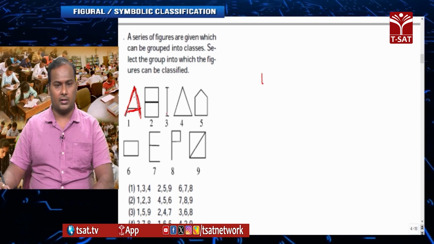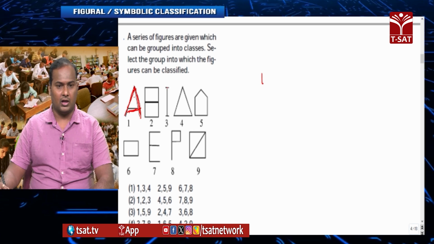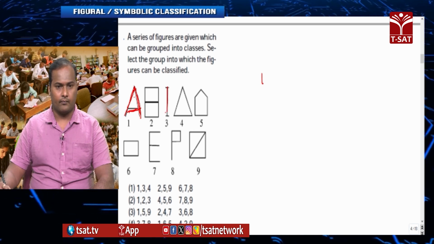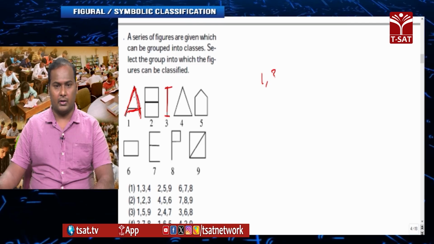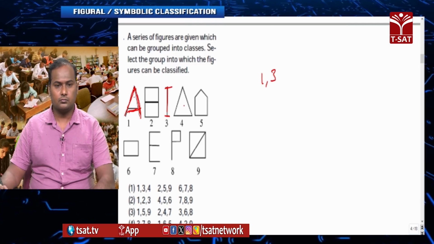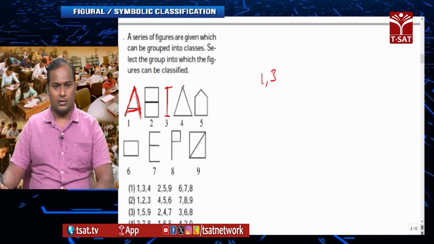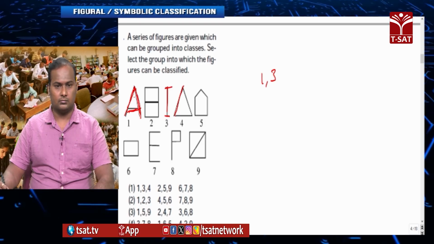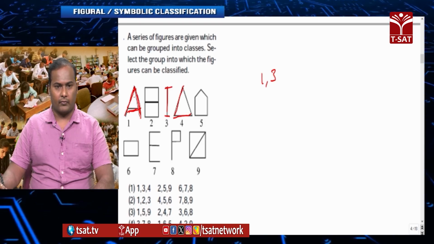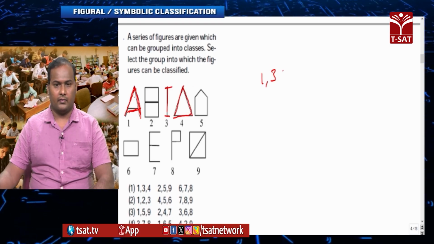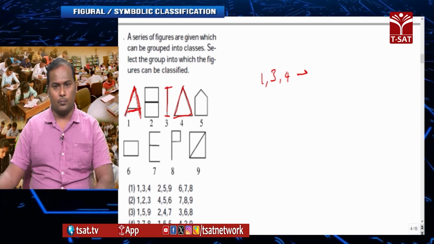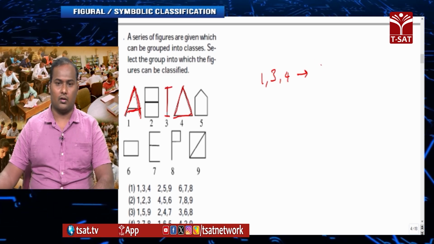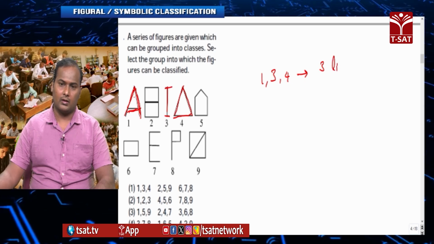Figure 3 also has 3 lines: one line, second line and third line. And the fourth one is also formed with 3 lines. So obviously 1, 3, 4 will form a group based on the character of 3 lines.